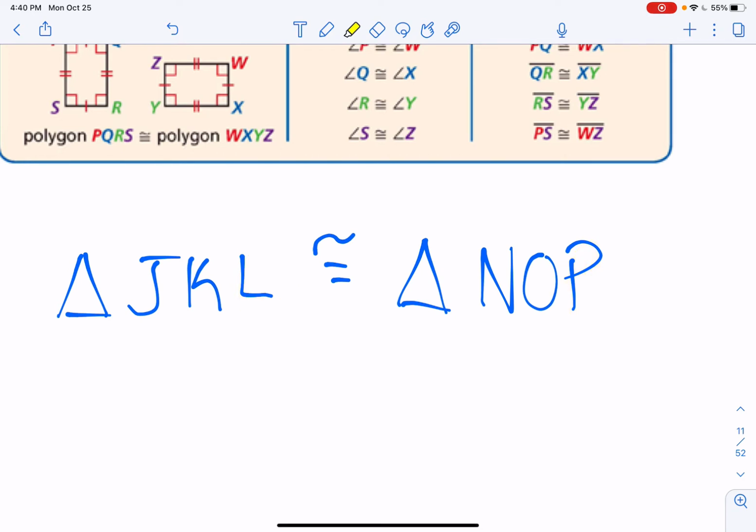It's in JKL order, it's in NOP order, so that means those things are all true. JK and NO, those two sides are congruent. KL and OP, those two sides are congruent. And JL is going to be congruent to NP for sides.